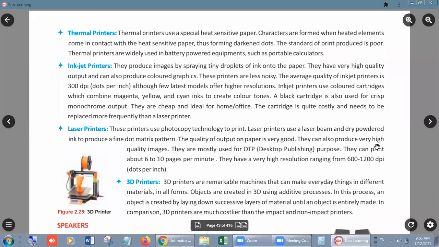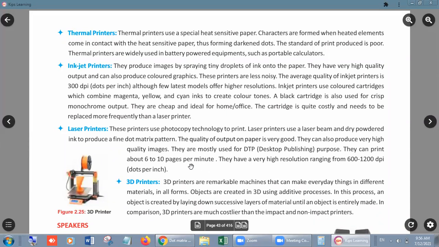They can also produce very high quality images. They are mostly used for desktop publishing purposes. They can print about 6 to 10 pages per minute. They have a very high resolution ranging from 600 to 1200 dpi, dots per inch, at very high speed.